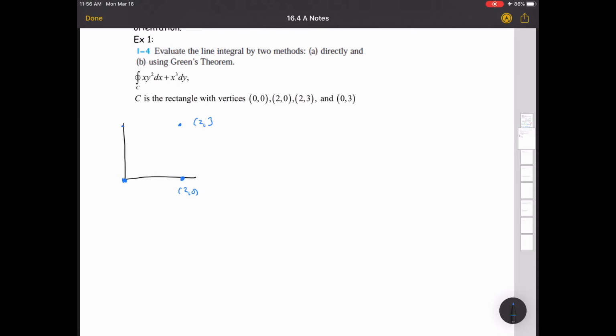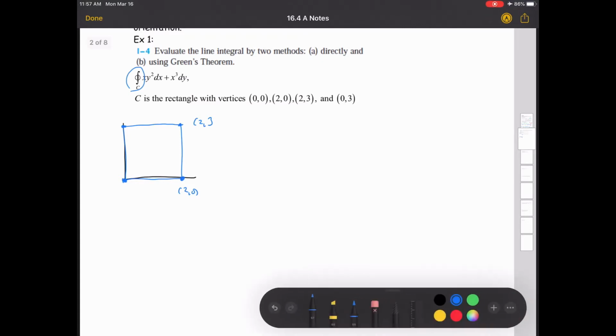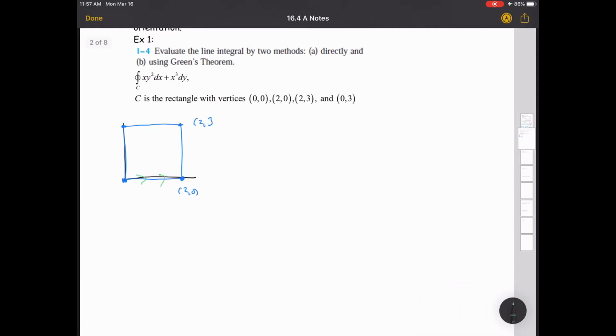So that's going to create this rectangular box. Here is our region. And since we do have this symbol right here, that indicates that this is going to be positively oriented, and you can certainly see because it's this rectangular shape, it is closed. So positively oriented just means that we're going in this direction all the way around.